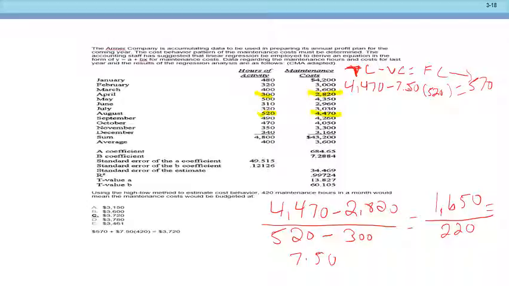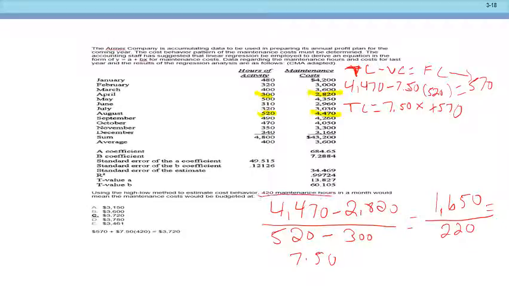So now we have our cost line, don't we? We know what our overhead cost is at any level of production. So our total cost will be equal to 750 times X plus our fixed cost of 570, right?